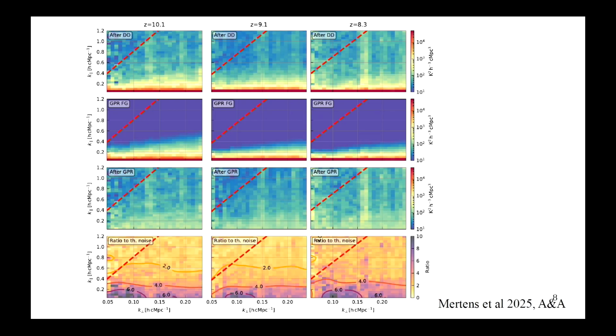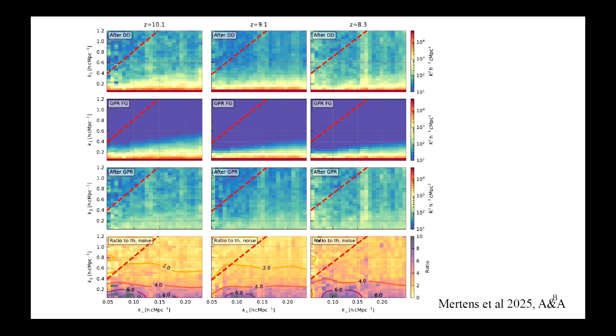Now you see that this is after they do the direction dependent calibration. In this map they have signal, noise and diffuse foreground part, where you see that this red region is a strong foreground contribution. Then they apply this GPR based foreground mitigation method and derive up to this level of signal plus noise.